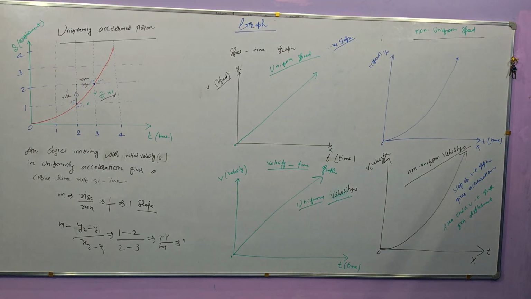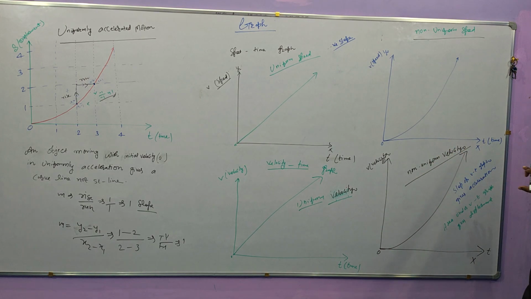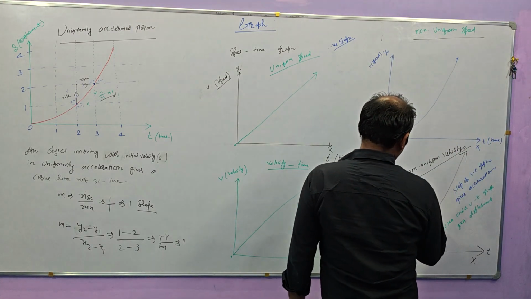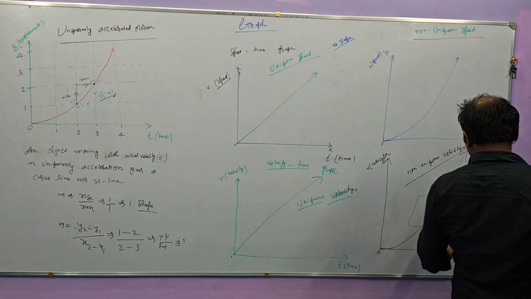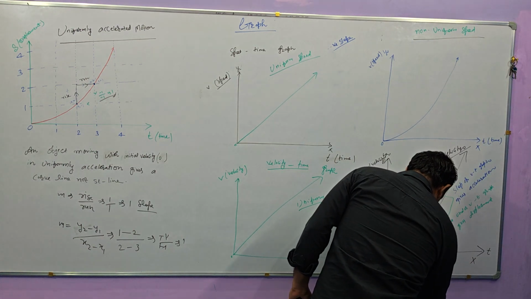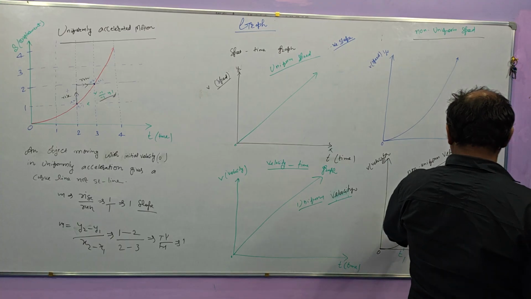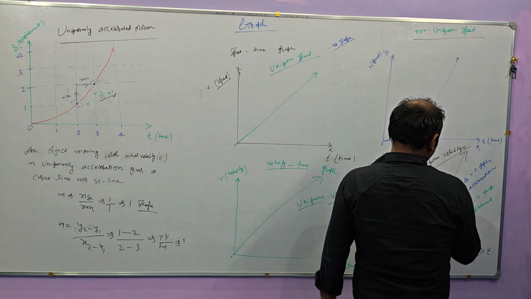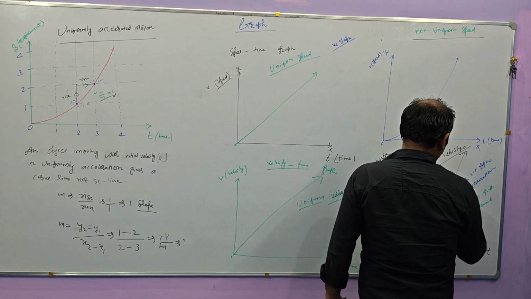Area under means how much area it covers in a particular interval of time. That gives the displacement. Suppose we have an area like this. How much displacement does it travel in a particular time? Suppose we have a time t1 here and t2 here, and displacement s1 and s2.